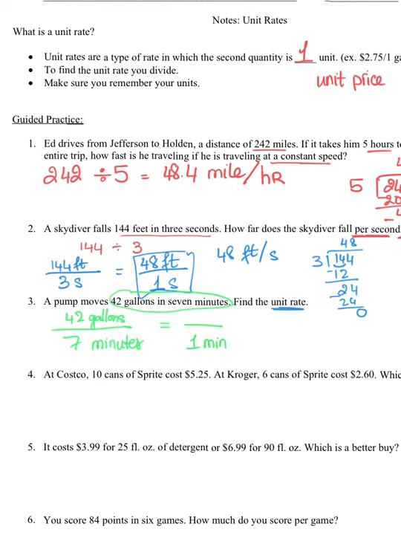So for 1 minute, we're gonna divide 42 by 7, and you get 6 gallons per minute. So you can write your answer this way or this way, per minute. Okay. All right, 6 gallons for 1 minute.